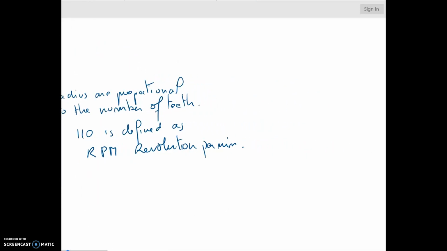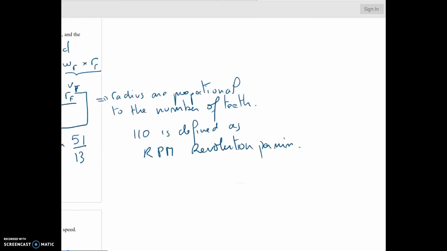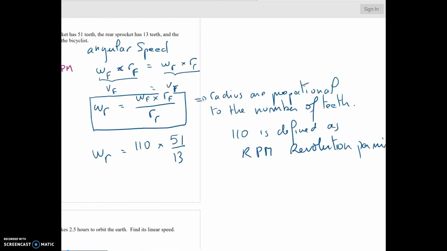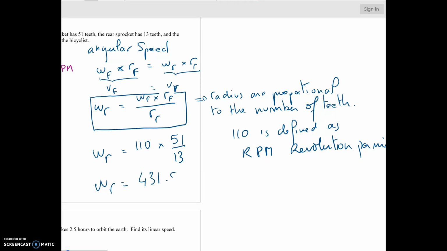And to convert that into radians, I need to multiply by 2 pi, because 1 revolution equals 2 pi. So when I'm calculating WR equals 110 multiplied by 51 divided by 13, I'm finding 431.5 revolutions per minute.